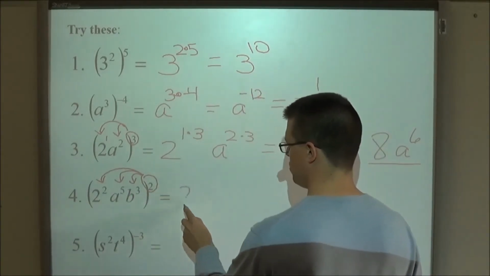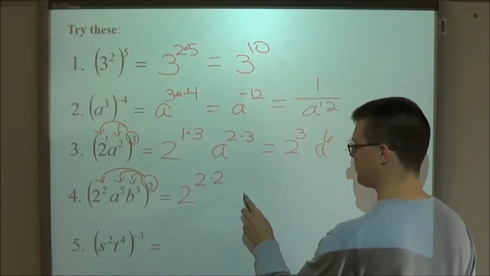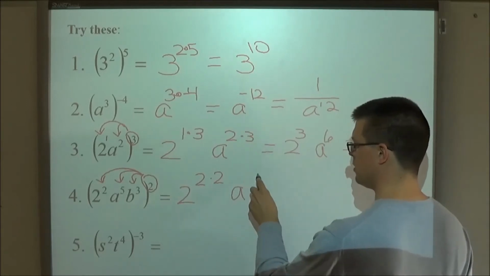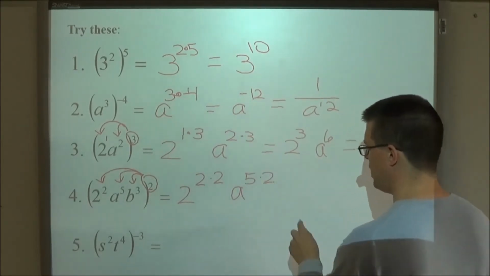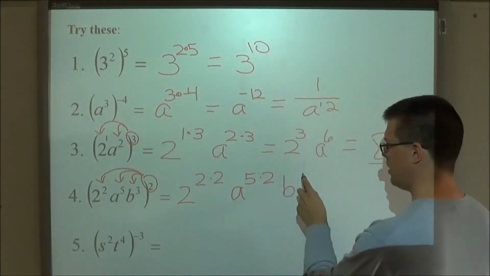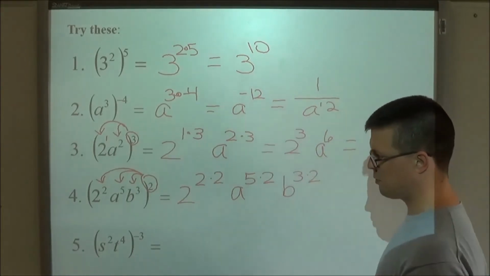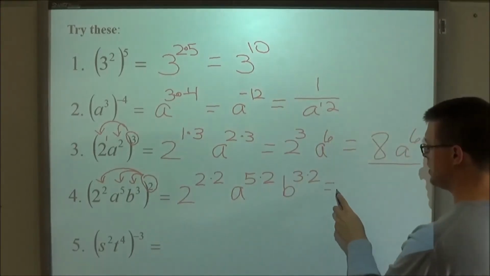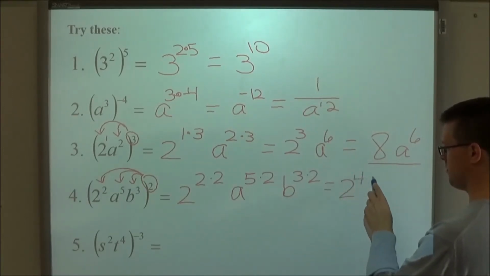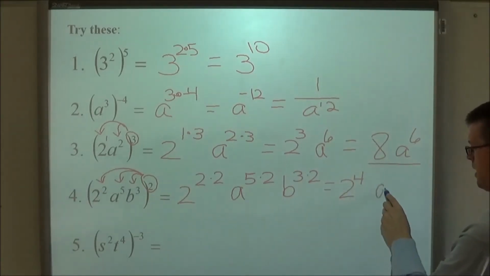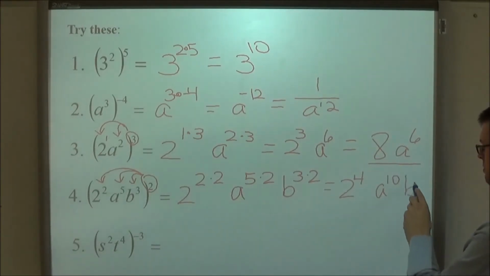So we're going to have 2 to the 2nd power times another 2nd power, a to the 5th power raised to the 2nd power, and then b to the 3rd power times the 2nd power. So this time we're going to have 2 to the 4th power, a to the 10th power, and b to the 6th power.